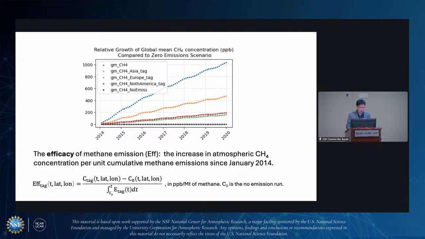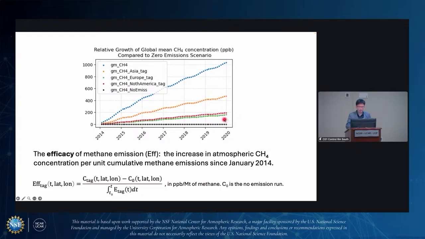So we got the time series of the methane tags, and in this figure, the simulation from the no emission run is plotted in black dots. And the relative growth of global mean methane concentration compared to this no emission run is plotted in color.